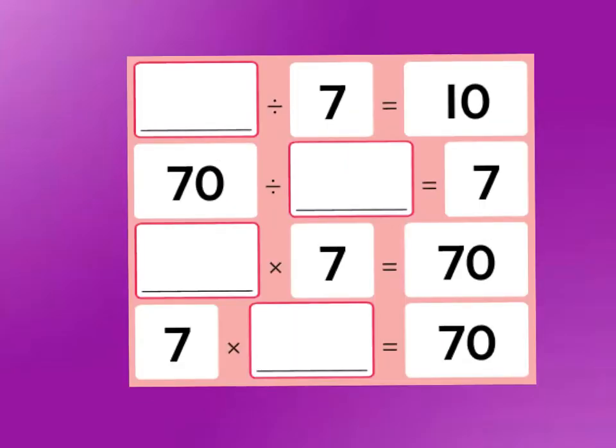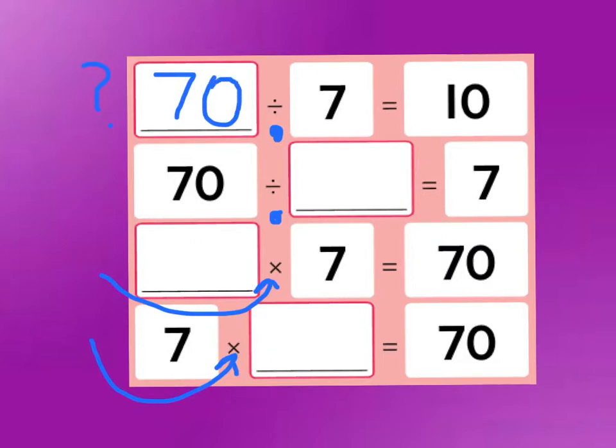Now this one's a little different. I have my multiplication symbol here and division symbol here and here. So I need to think. Something divided by 7 equals 10. Well, now I know my multiplication facts and I know that if I add a 0 to a 7, I get 70. 70 divided by 7 equals 10.